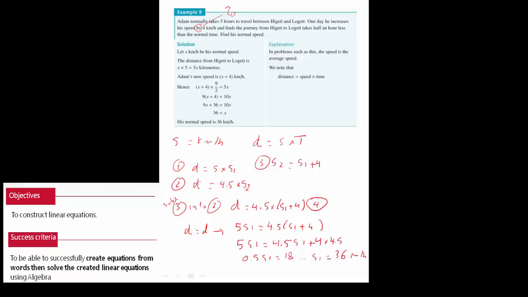Okay, so be very careful how to read while you're reading. So it is increased by 4, so we added to the 4. If we said increased to 4, so it was whatever it was, now it is 4. It will be totally different. So they didn't say to, they said by. Okay, so that brings us to the end of this section 1B.